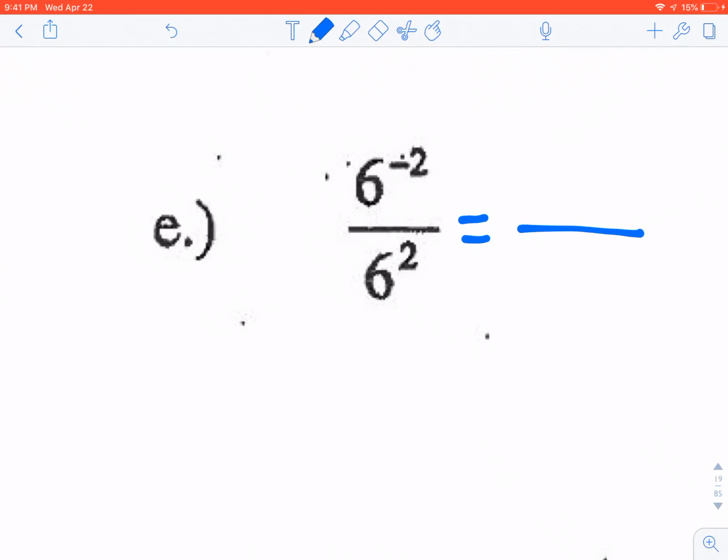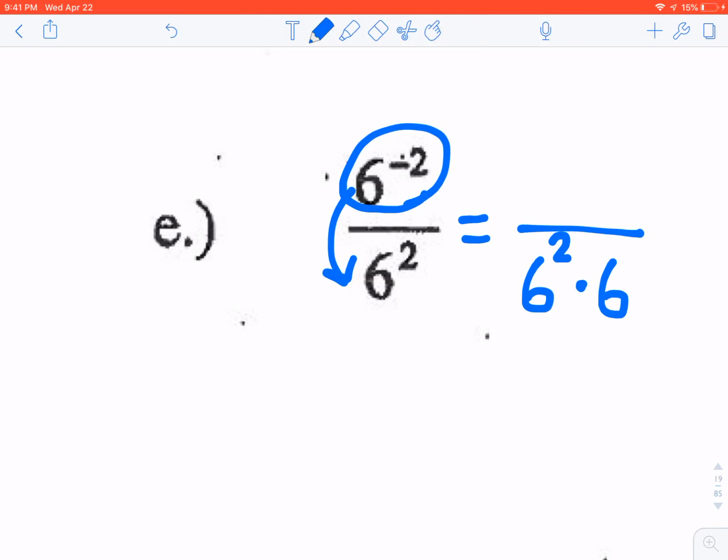Okay, letter E. This one can be a little tricky. Let's first set up our problem. Draw your fraction bar. You're going to take any base and negative exponent and move it to the opposite side. So on the bottom, you're going to have 6 to the second times 6 to the second. They are both in the denominator because this one right here is positive, so you are going to keep it where it is.